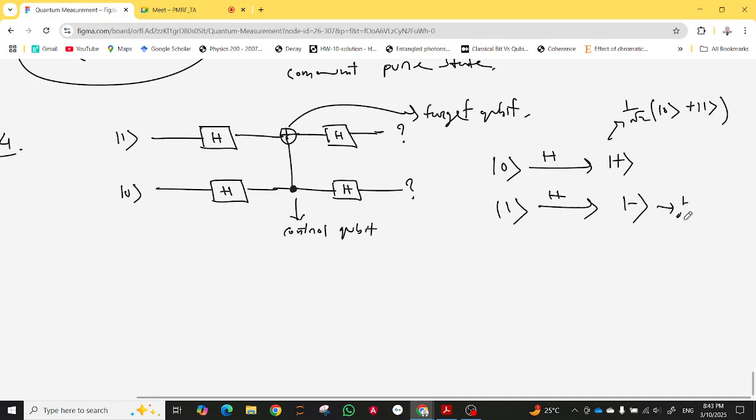This is 1 by root 2, 0 minus 1. And if you apply Hadamard on plus, similarly you will get 0. And if you apply Hadamard on minus, you will get 1. Okay, and this is the CNOT gate.